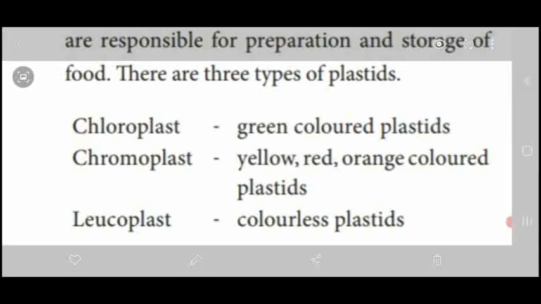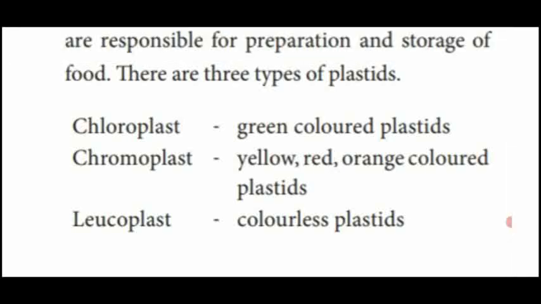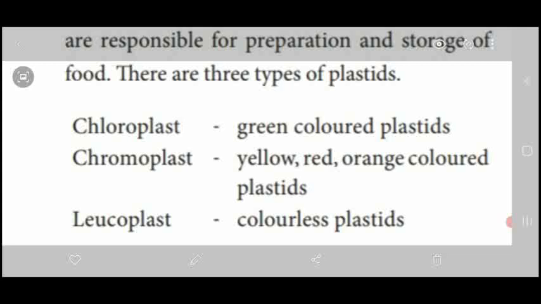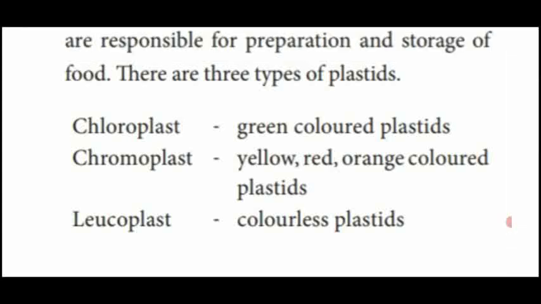We all know that flowers show different colors: red, orange, pink, violet. Fruit also shows different colors: orange, yellow, green. These are the different plastids present in flowers and fruits, named chromoplast.